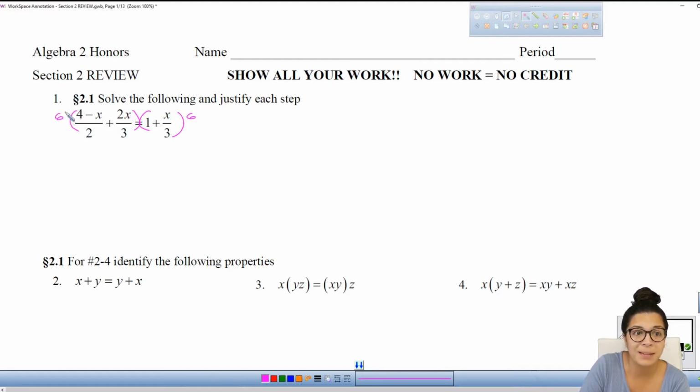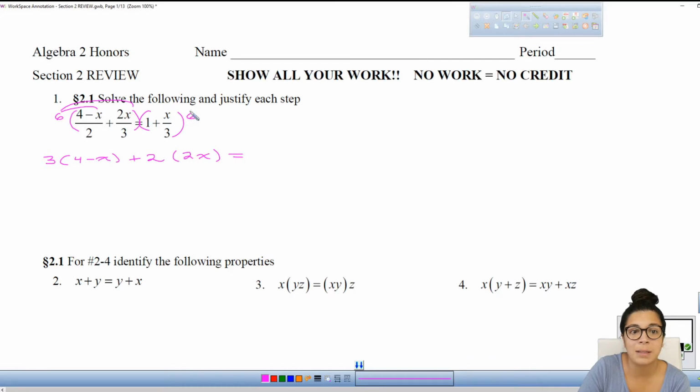So I have to multiply 6 times this term, which again, it's easiest just to divide. So 6 divided by 2 is 3. And then multiply the numerator after. And then I need to multiply 6 times this term. And again, 6 divided by 3 would then be 2. And I'll multiply the numerator after.